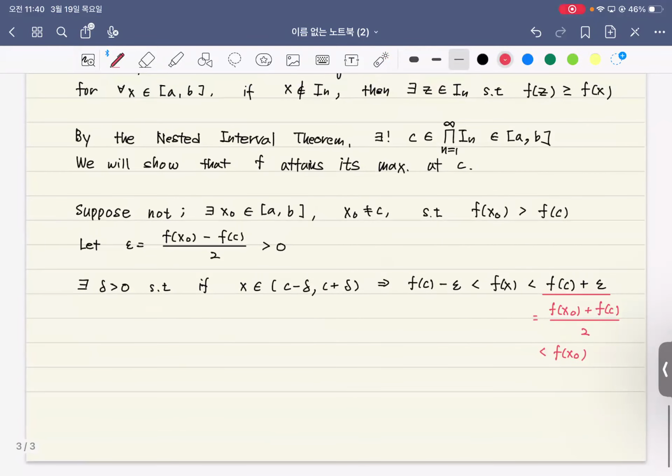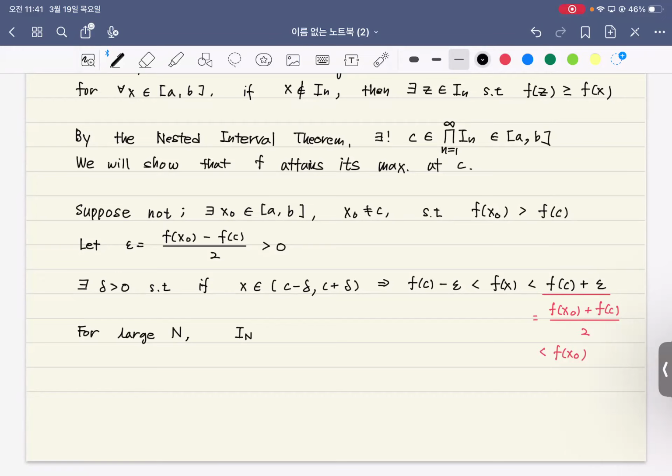Now, if you choose a sufficiently large positive number n, then this closed interval IN is from the nested sequence of the closed intervals.